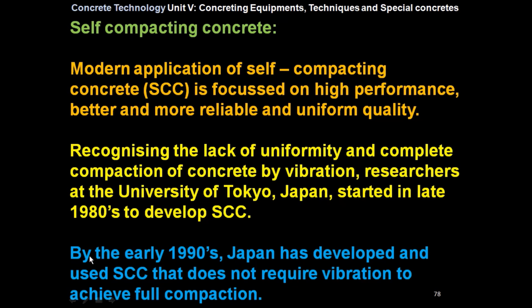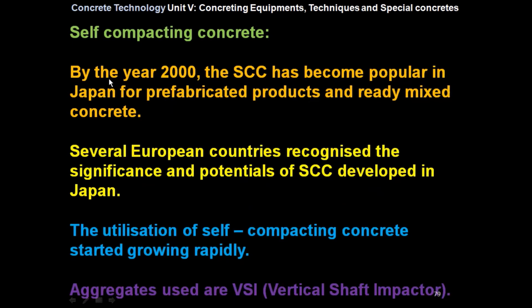By the early 1990s, Japan had developed and used SCC, that is self-compacting concrete, that does not require vibration to achieve full compaction. By the year 2000, SCC had become popular in Japan for prefabricated products and ready-mix concrete.